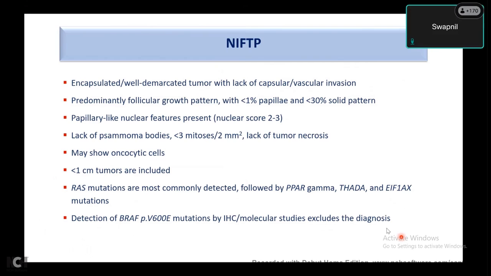Yeah, I just want to make one point. Over the many data sets that we have looked at, on the thyroid malignant data set that we have, after the classic variant, the follicular variant of papillary CA is the most common that we see. And follicular thyroid carcinoma is very less. There was a mention made on multiple occasions that with the follicular variant, the chances of distal metastasis is more, without lymph nodal metastasis, which is not what we actually see.